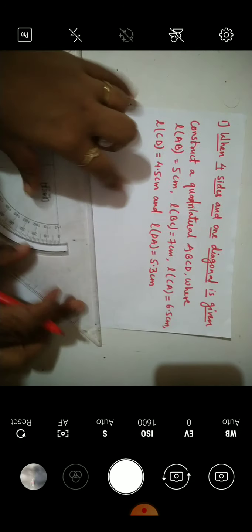Before construction, what we will do is first make a rough diagram. Based on this question, we will first draw a rough diagram. We need to construct a quadrilateral ABCD, so in a rough diagram I will draw quadrilateral ABCD.